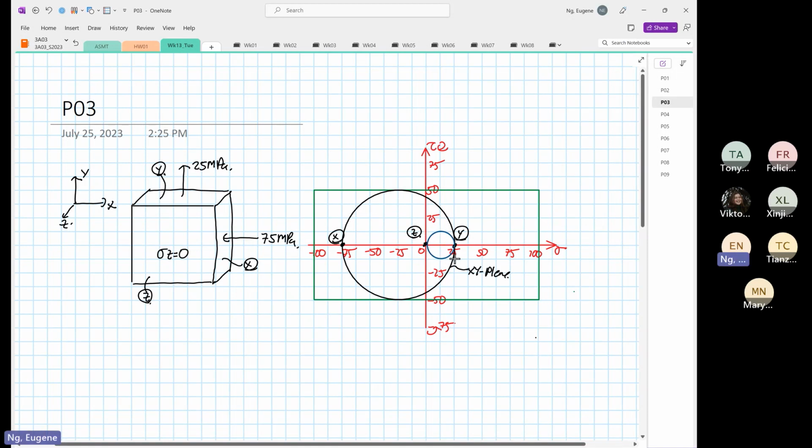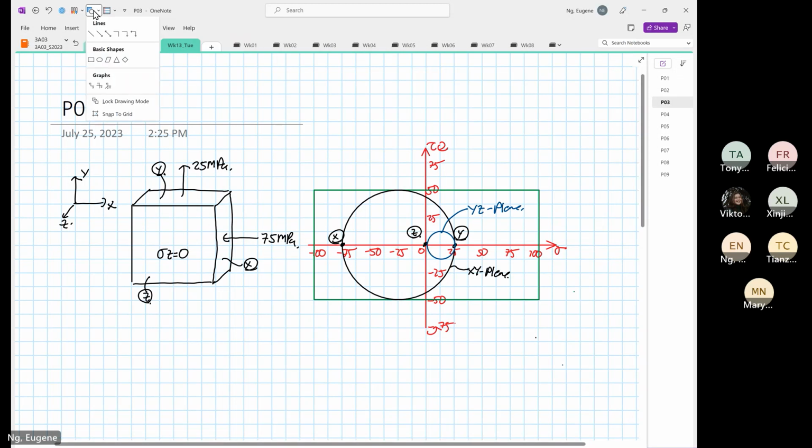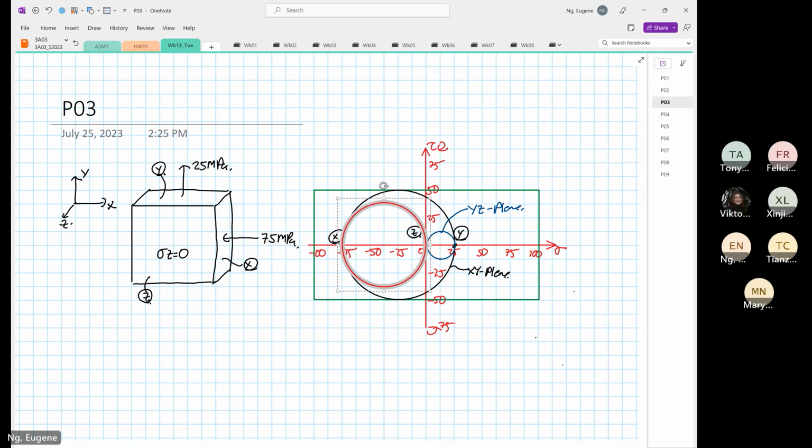Okay, so for this case, it's our YZ plane. And the final circle, okay, so this is our final circle, and this is your XZ plane.